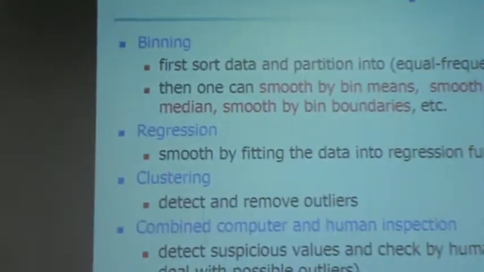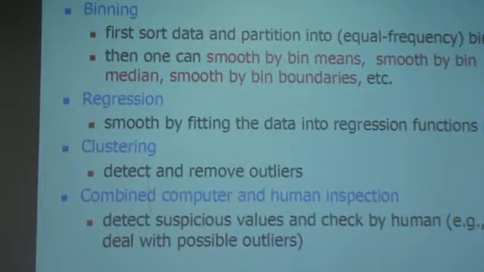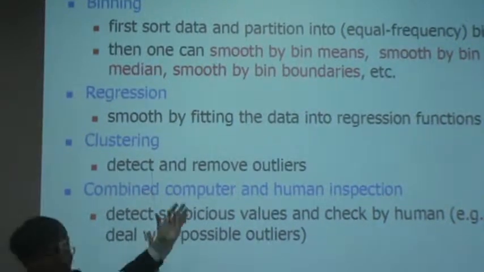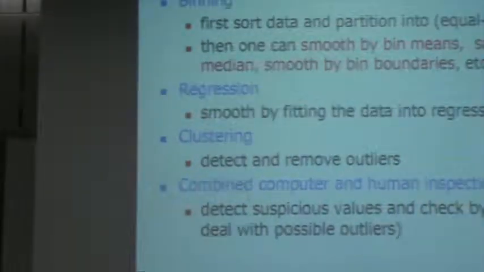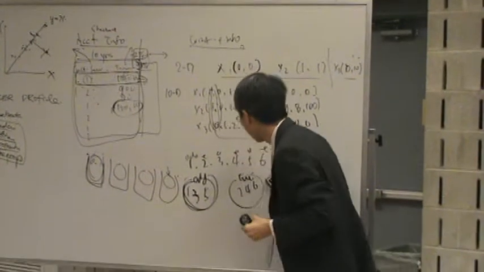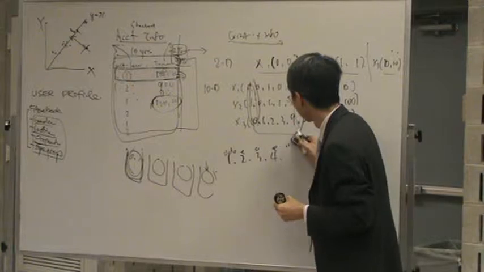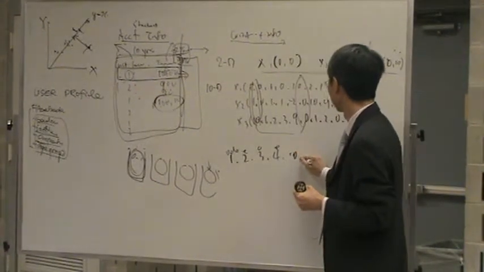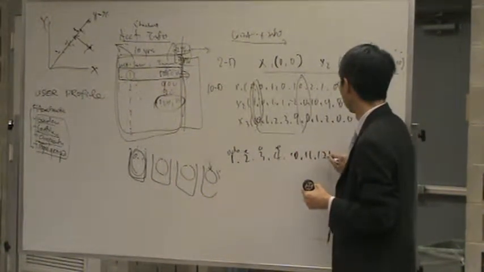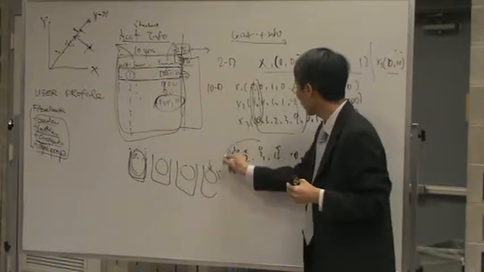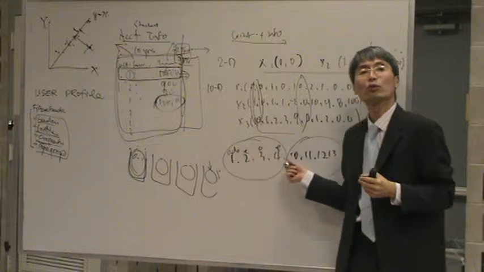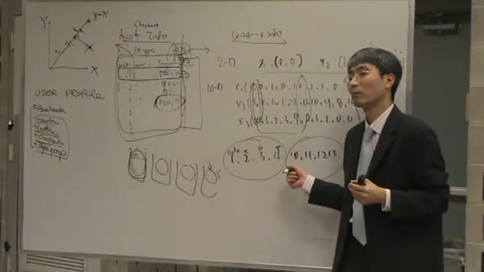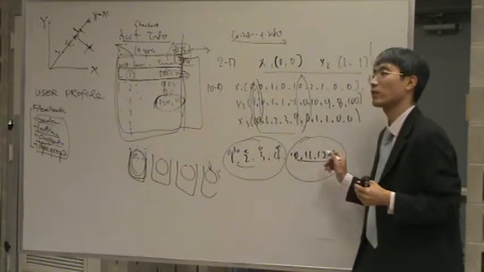Also clustering, we will see the details of the clustering later. Clustering means, for example, in this example, we can actually make two groups from this data, because they are close to each other.